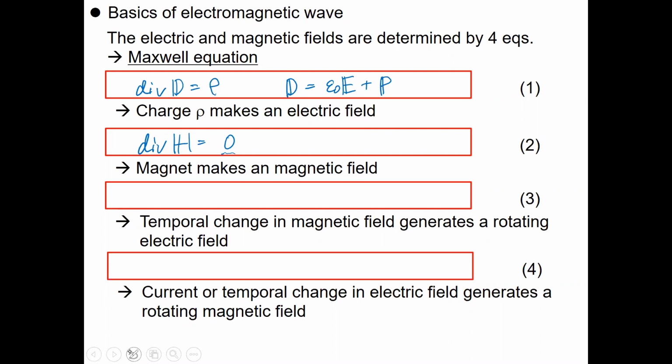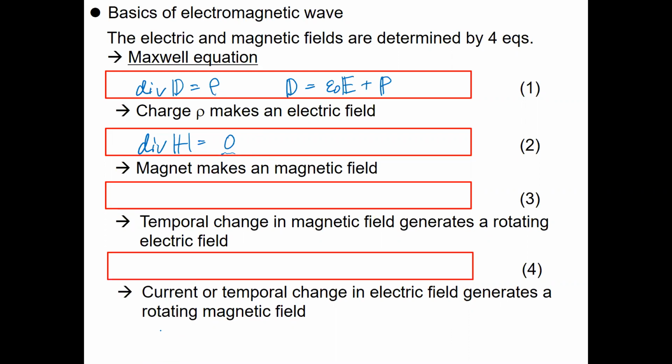However, a magnet usually cannot be separated into north and south poles, so you cannot separate them. That's why usually the magnetic charge equals 0. This equation also means a magnet makes a magnetic field.